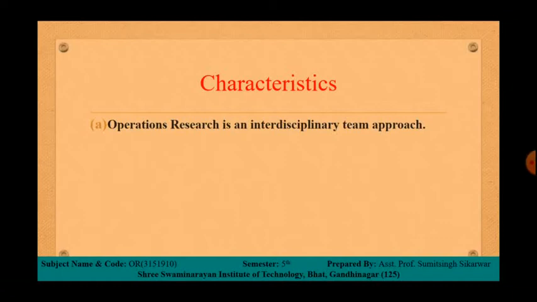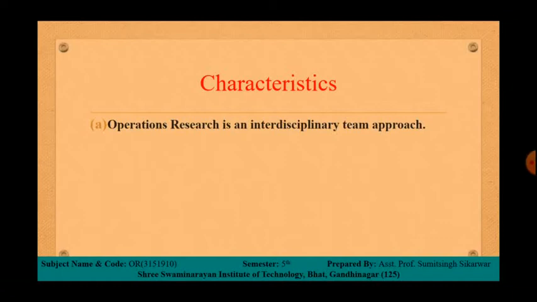Hence, people from various disciplines with various knowledge are required to understand the problems. They apply their special knowledge acquired through experience to get a better view of the causes and effects of events in the problems, and finally they arrive at the best solution for the problem on hand.